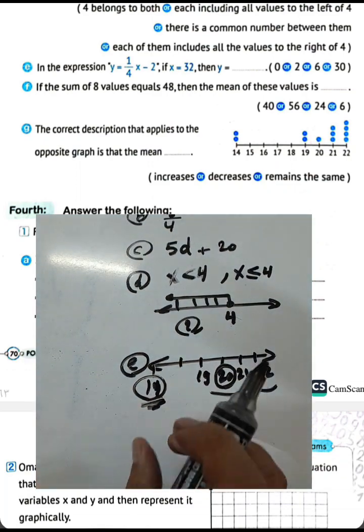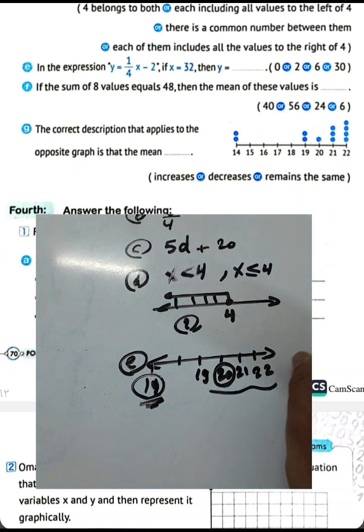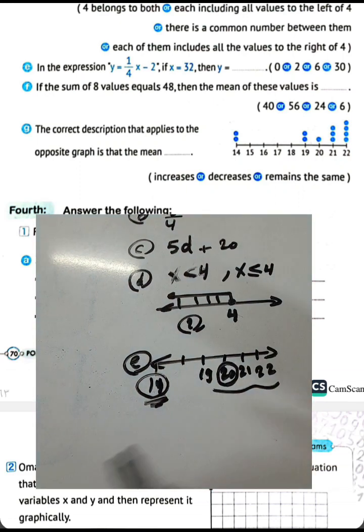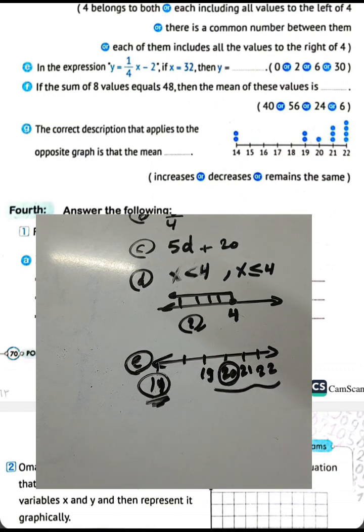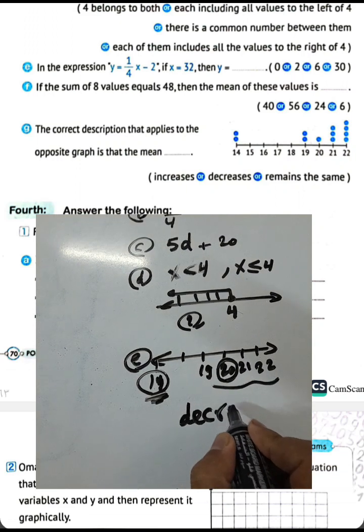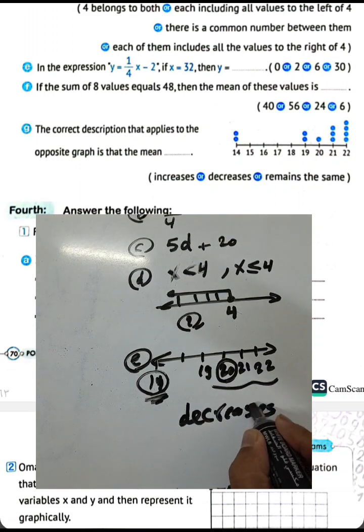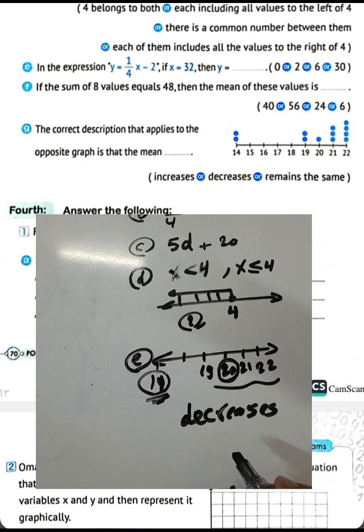But if the outlier is on the right-hand side, then the result will be increased. So we must write here decreased, the mean will decrease.